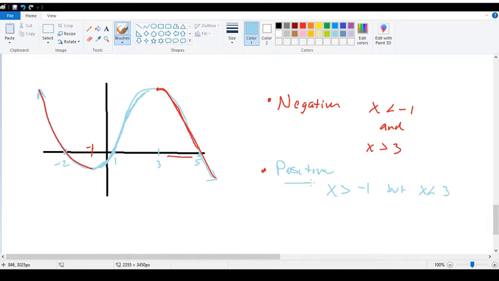Alright. So we have it's negative in this area when it's less than -1, and when it's more than 3. It's positive when it's more than -1, but only up until 3. Alright, just in this section.